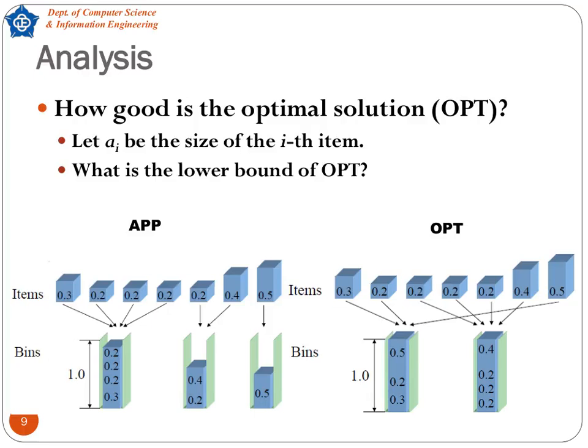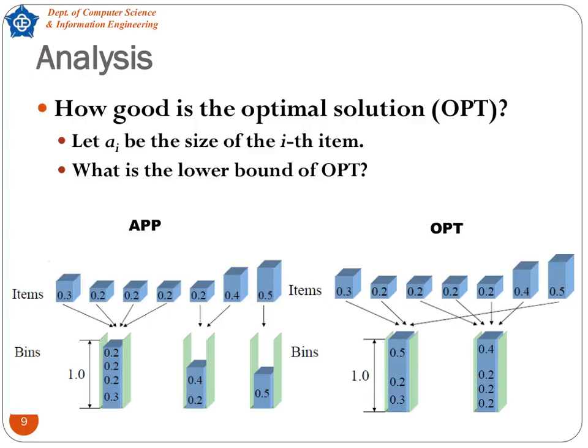Below these questions, we find a visual comparison illustrating a bin packing problem, where each bin has a capacity of 1.0. On the left, under APP, representing an approximate solution, we see a set of items with sizes 0.3, 0.2, 0.2, 0.2, 0.2, 0.2, 0.4, and 0.5.